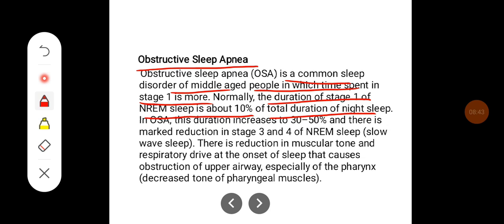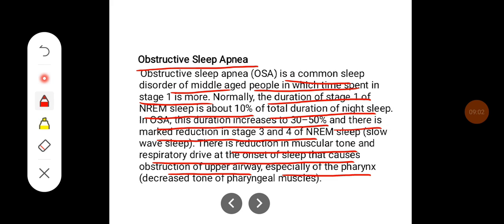In obstructive sleep apnea, the duration increases to 30 to 50%, and there is a marked reduction in stage 3 and stage 4 of NREM. There is a reduction in muscular tone and respiratory drive at the onset of sleep that causes obstruction of the airway, especially of the pharynx, because of the decreased tone of the pharyngeal muscles.